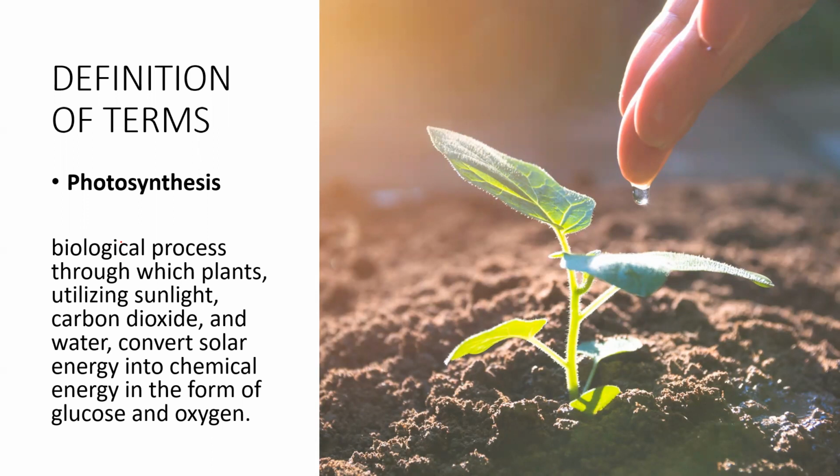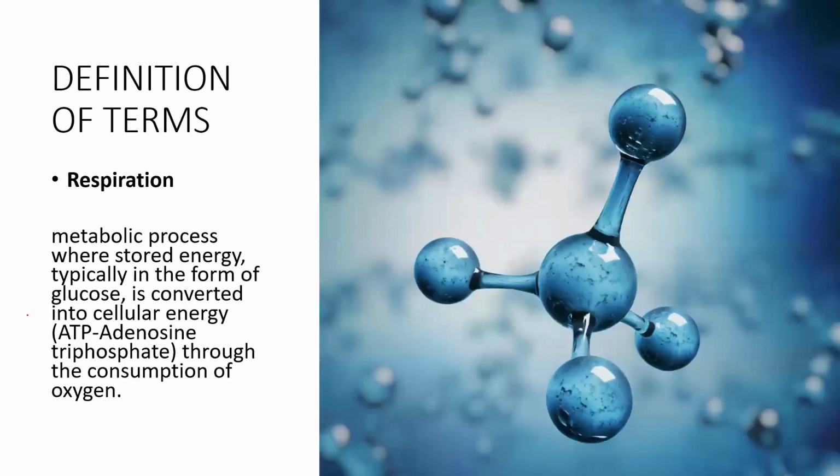So the plants will be absorbing sunlight, carbon dioxide, and water so that it will be converting into energy. After converting into energy, it will be synthesizing into chemical energy to produce glucose and oxygen as one of the requirements in the process of the plants so that magiging normal yung kanyang growth and development.